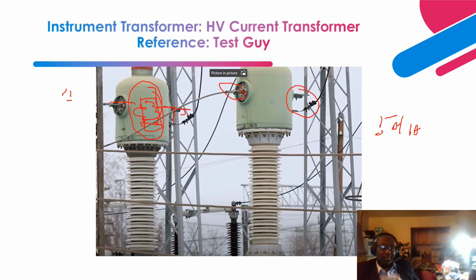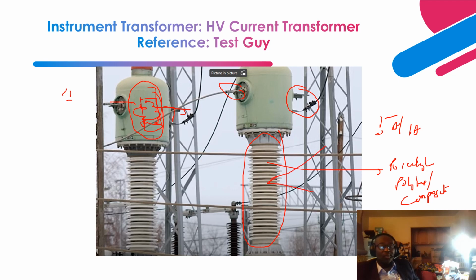On this side is your insulation system, either porcelain or polymer, and some people call it composite. It's the same. Its purpose is basically external insulation from the elements.